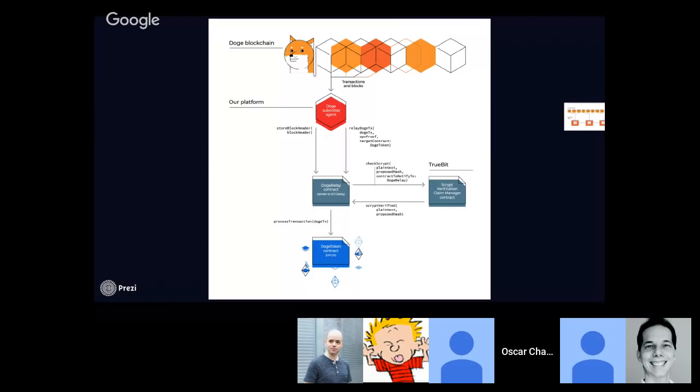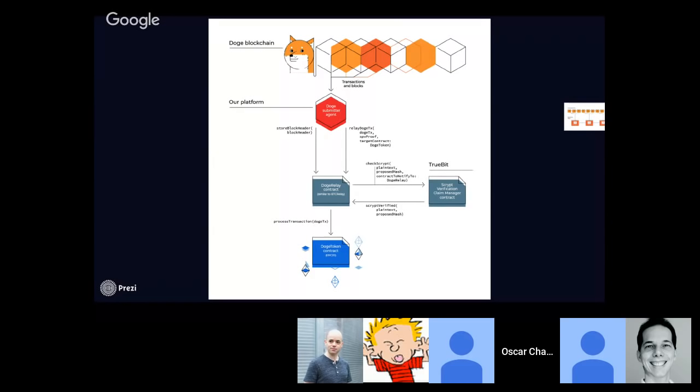Then we thought that all the gas consumption problems of the bridge were solved, and that's where we were at the previous demo. The problem we found with this solution is that every single Dogecoin block header has to be sent to the contract. And since Doge produces 1 block per minute, we estimated the gas cost per day for sending all those headers at $6,000 US per day.